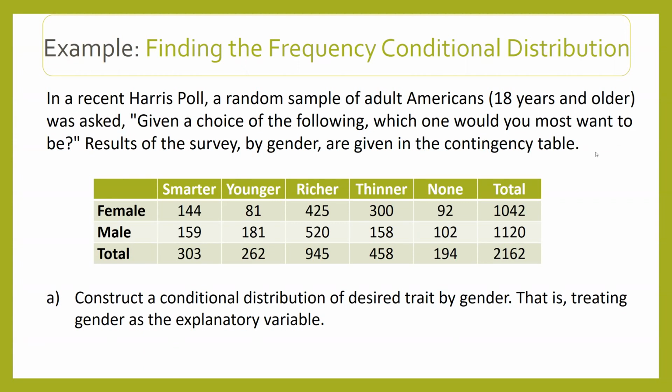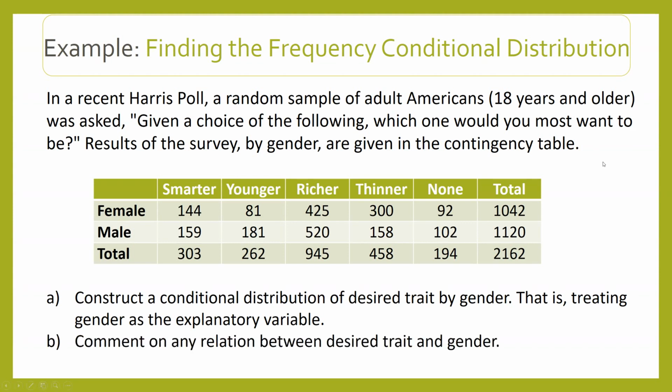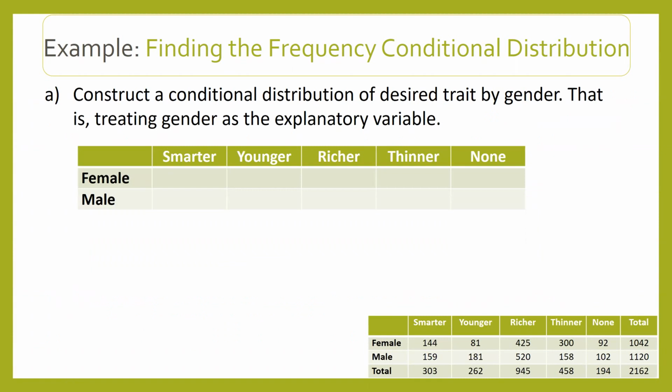All right, so then we comment on any relation between desired traits and gender. Okay, so let's move on to what we need to do. I bring the table forward because we will actually need those values when we are doing the computation. All right, so remember that before we were using column sum. In the previous example, we used column sum.